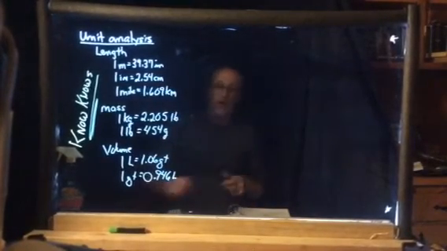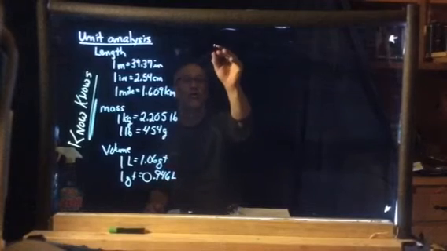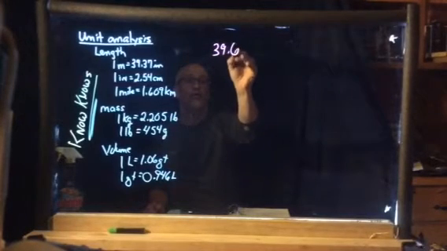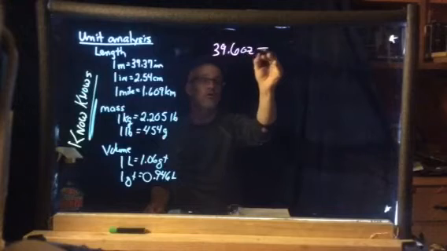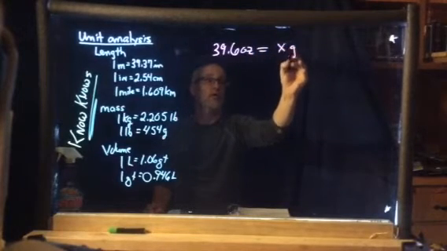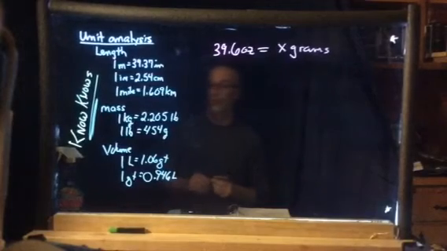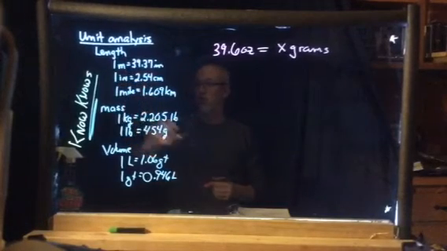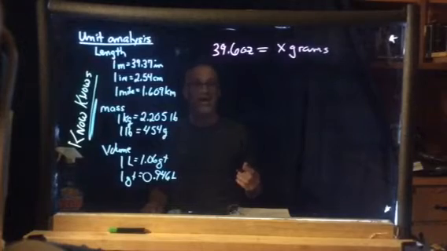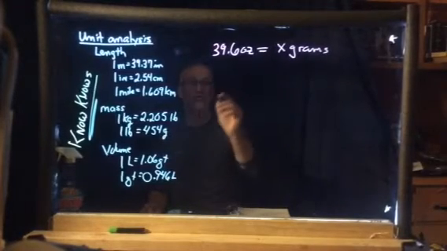So let's say we have 39.6 ounces, and I want to know how many grams that is. As you can see over here with our unit analysis, we do not have an ounce conversion.